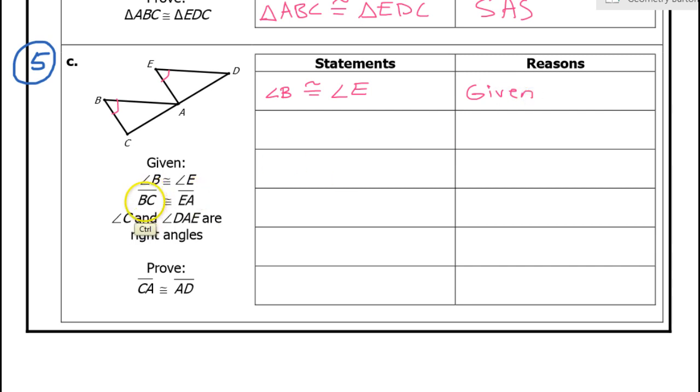We are given that BC is congruent to EA. So let's see, BC is congruent to EA. Okay, BC is congruent to segment EA, given.